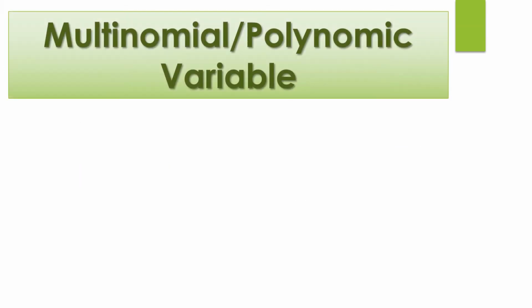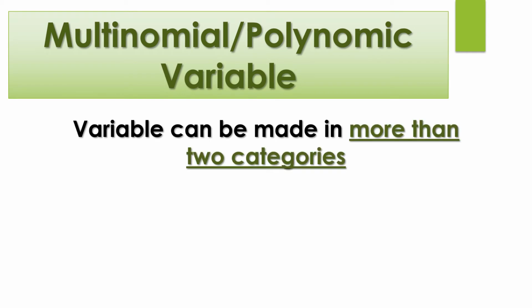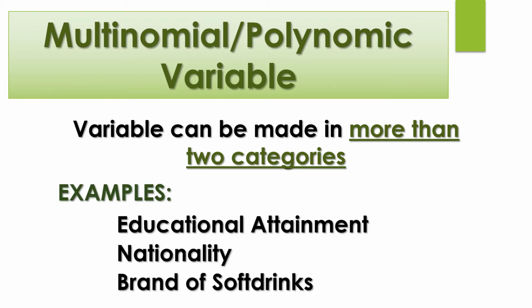Unlike multinomial or polynomic variables, which can be made into more than two categories. More than two, so three and up. An example is educational attainment. Educational attainment doesn't have just two options. There is elementary graduate, high school graduate, senior high school graduate, college graduate, and so on.